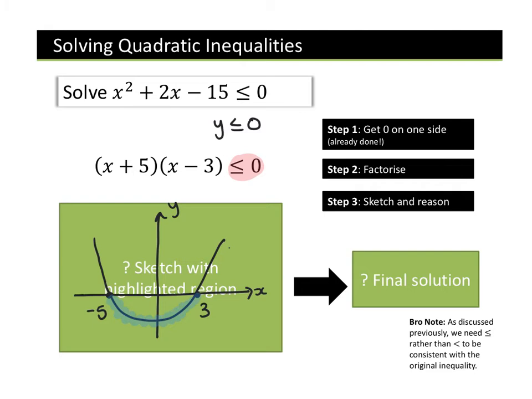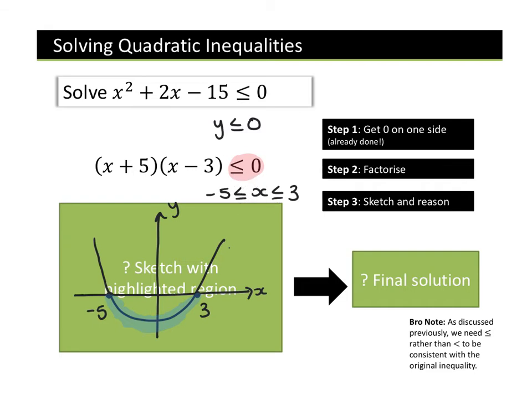So that means that we could have any number, essentially, in between minus 5 and 3. So our set of solutions is actually minus 5 is less than or equal to x, which is less than or equal to 3. And that is our solution. Now, because it says less than or equal to, I have less than or equal to. If it just said less than, I would have less than and less than.